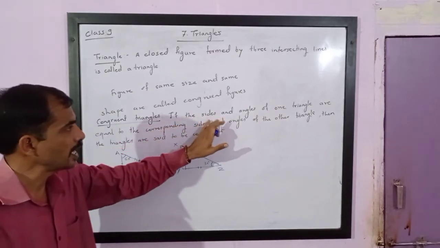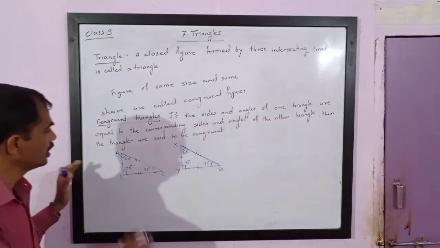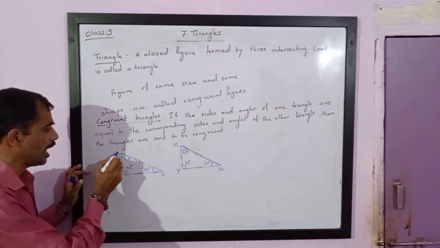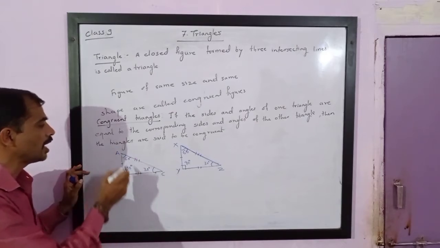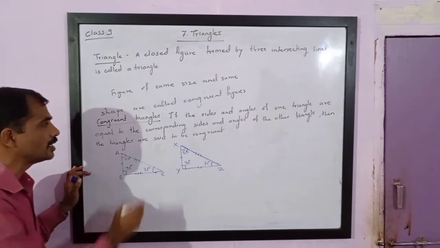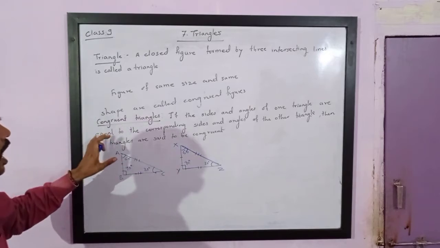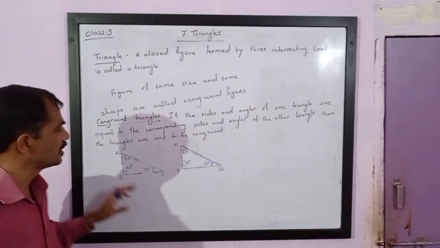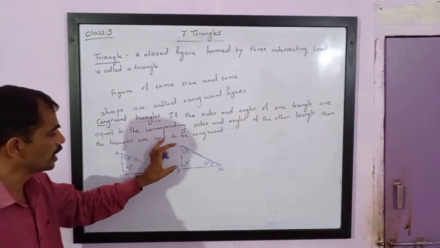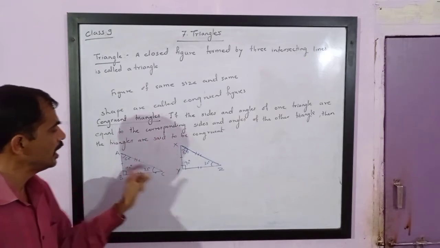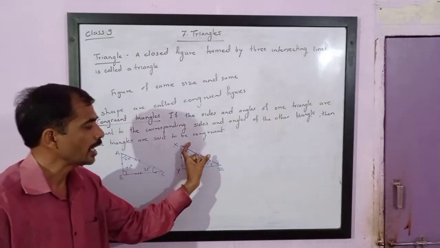If the sides and angles of one triangle, that is the sides AB, BC, AC and the angles A, B and C, are equal to the corresponding sides and angles of the other triangle. So here AB is equal to XY, BC is equal to YZ, and AC is equal to XZ.